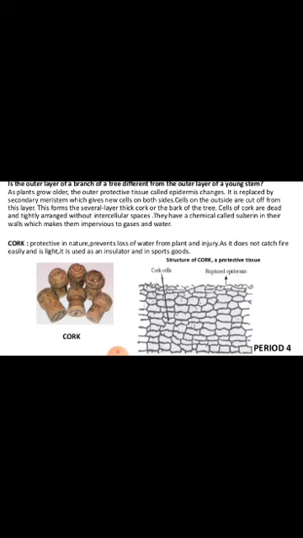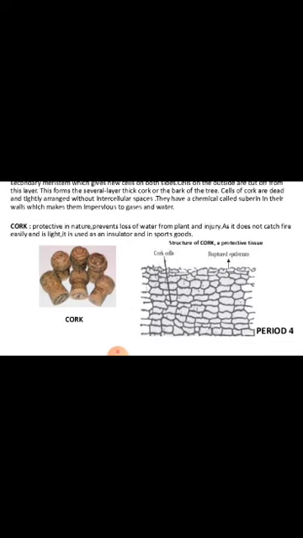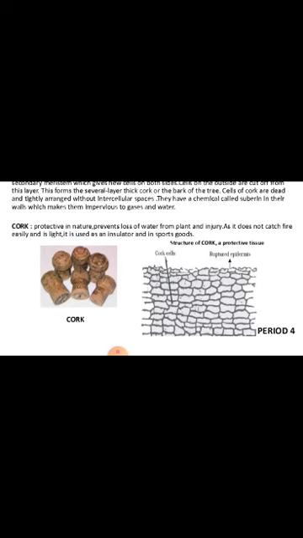It's also used in sports goods. ये plants में पाया जाता है. You can see the structure of the cork here. You can see the cork cells and you can see the epidermis. So this is how there is the protective layer on the plants.